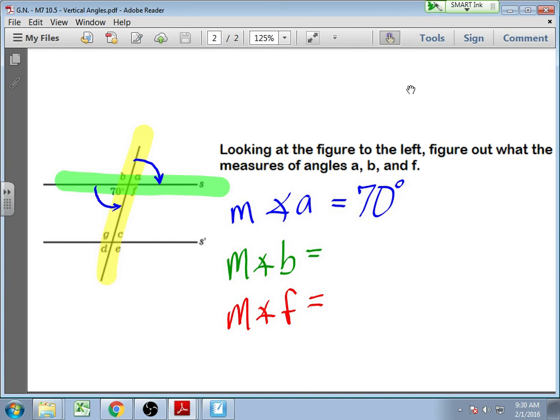Now angle B, this angle right here. Karina, do you know how to solve for angle B? Since 70 and 70 is 140, and to get 180, wouldn't you do 180 minus 140, which is 20? Not minus the 140. What you're looking for is the supplementary pair.